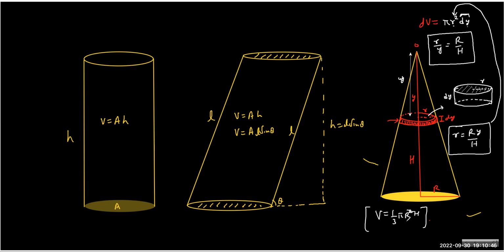And we found even this answer using the cylinder formula. So in the entire world, there is only one formula for volume: the area of the base into height. But what if the area starts changing? We have no choice but to make elementaries, and elementaries are volumes having constant cross-section area.